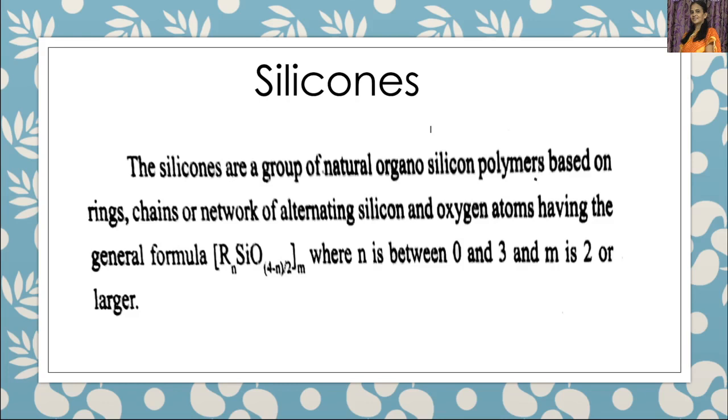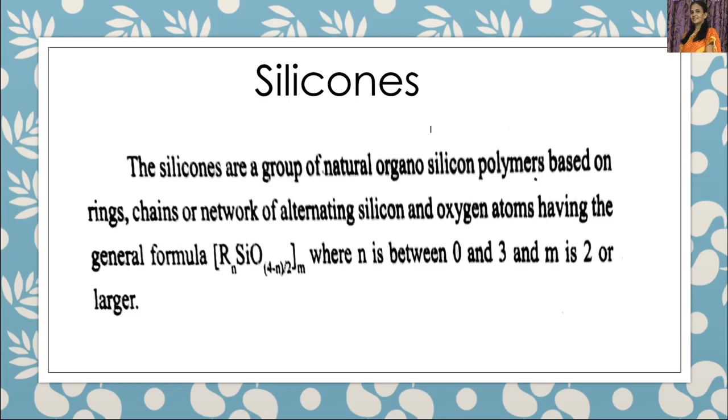This is the general formula of silicones, where n is between 0 and 3, and m is the overall unit of this particular silicone, that m is 2 or more than 2.